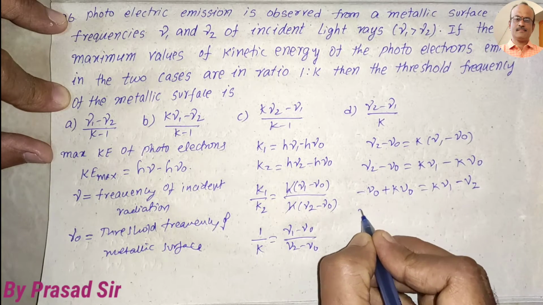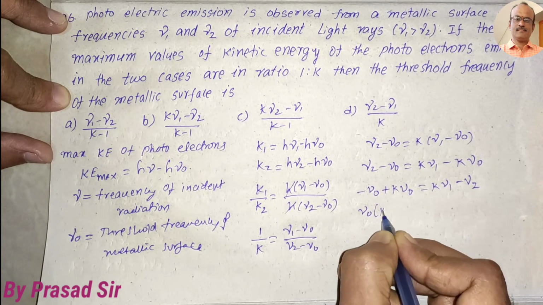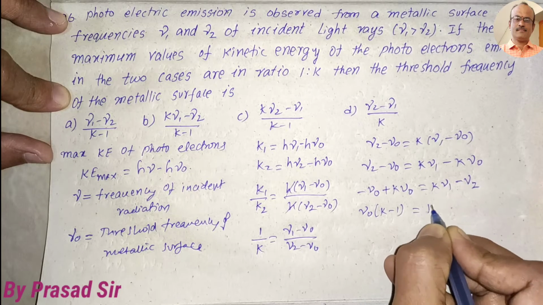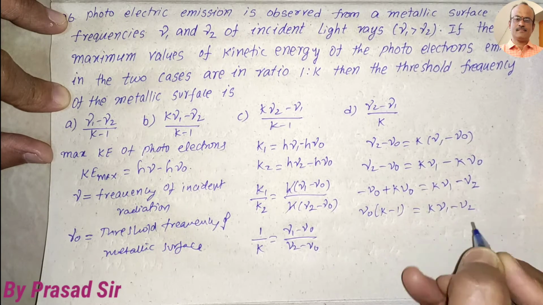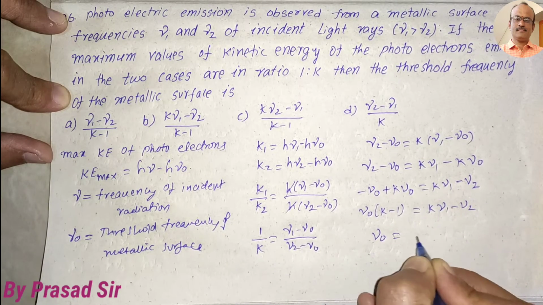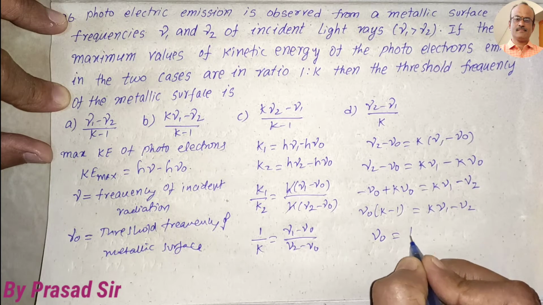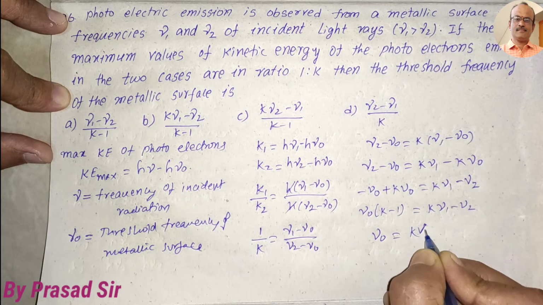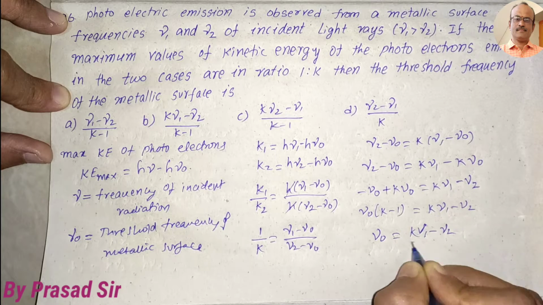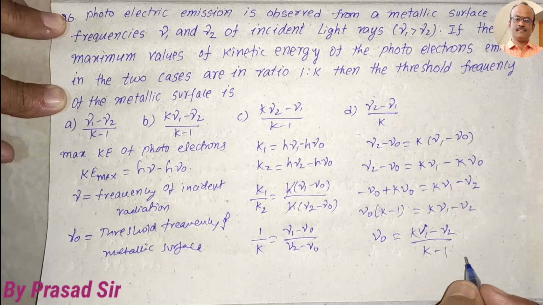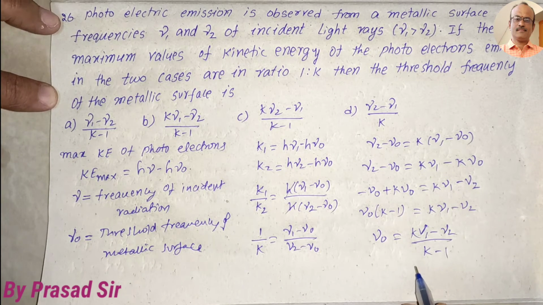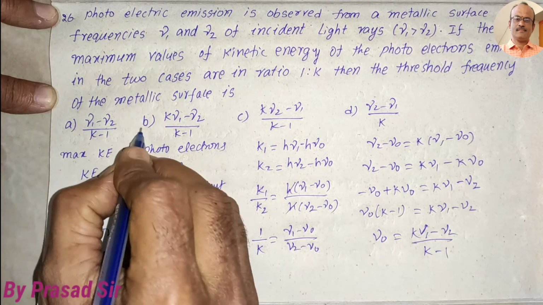Here nu naught is common, so nu naught times (K minus 1) is equal to K nu 1 minus nu 2. The threshold frequency nu naught is equal to (K nu 1 minus nu 2) divided by (K minus 1). So that is the solution for this, and the option is B.